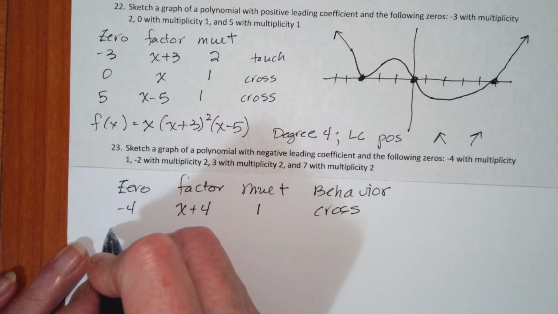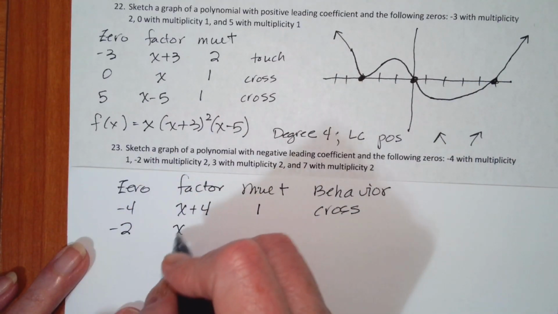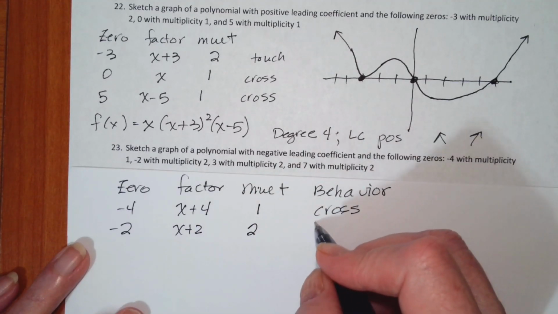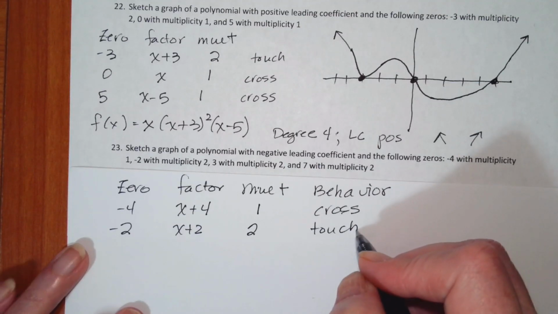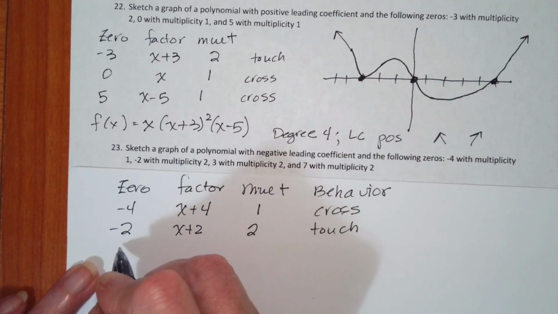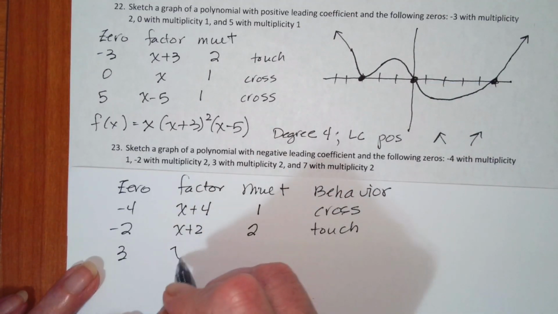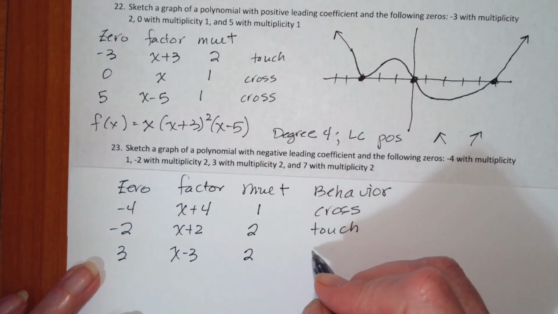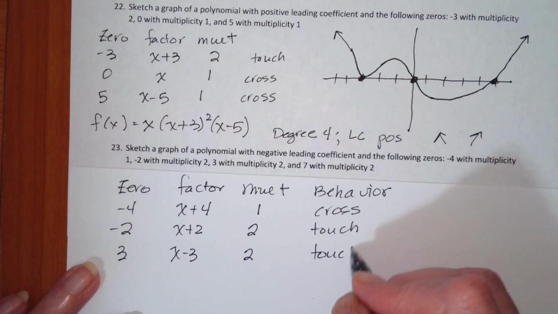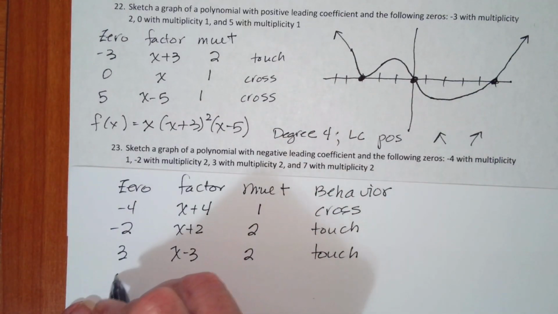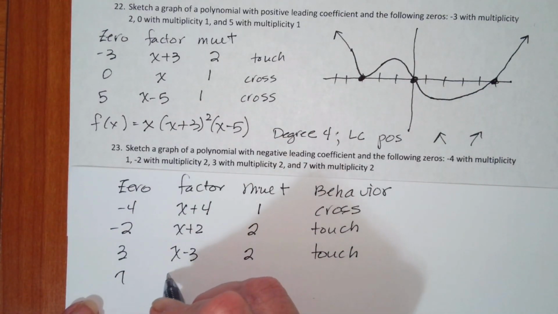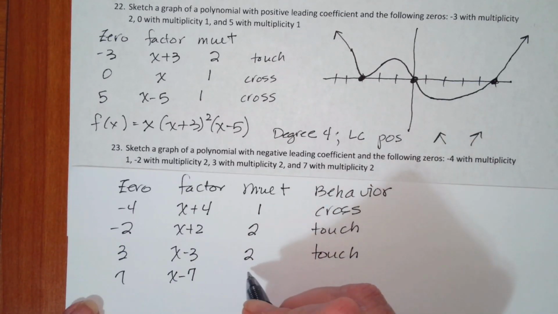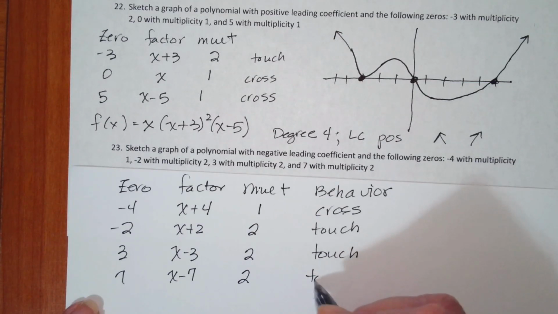I have a 0 of -2, so that's a factor of x plus 2, multiplicity of 2, which means it's going to touch. I have a 0 of 3, which means the factor is x minus 3. The multiplicity is 2, so it's going to touch. And 7, which means I have a factor of x minus 7, a multiplicity of 2, which means it touches.